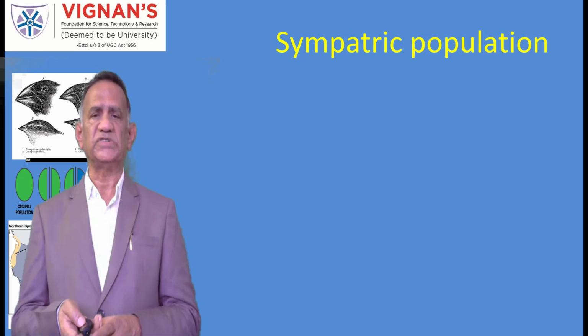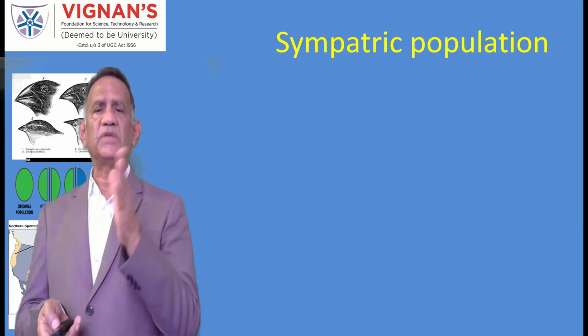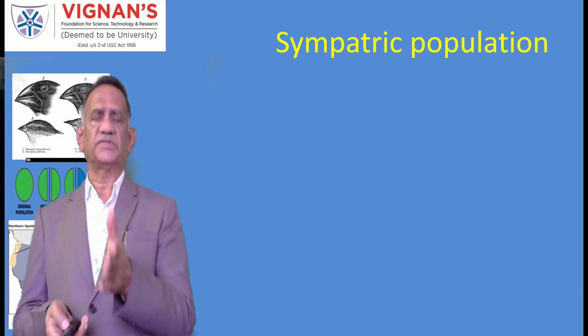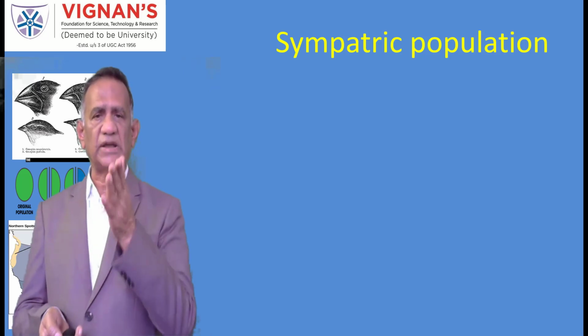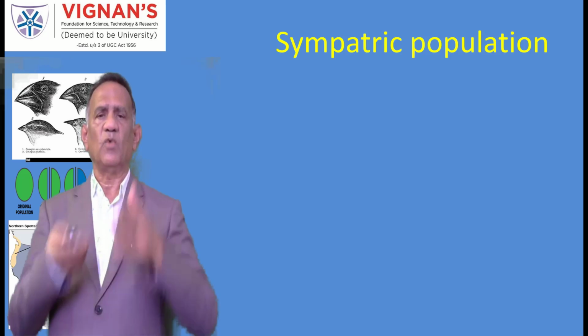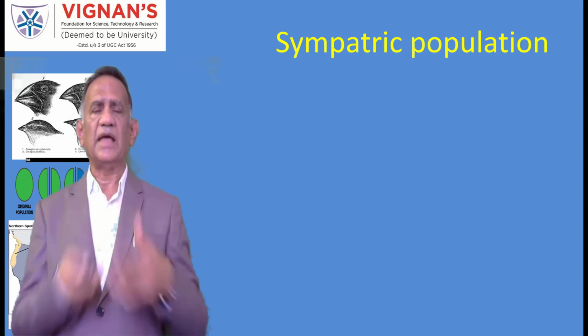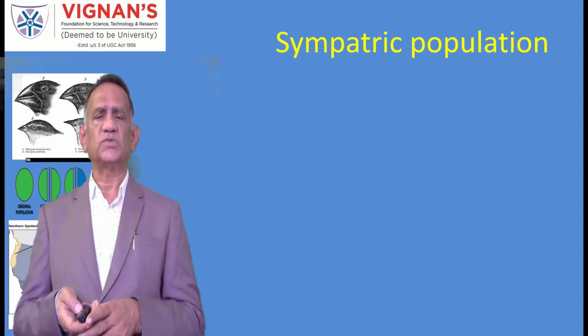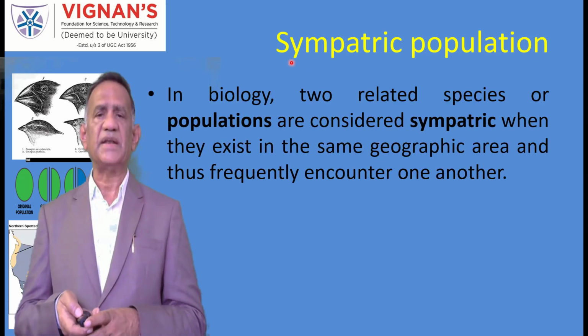Allopatric speciation means a barrier has come within the same population. That is, the barrier is a geographical barrier. As a result of the geographical barrier, the population over time got isolated and they have become independent species. That's allopatric. Now let us see the sympatric population.